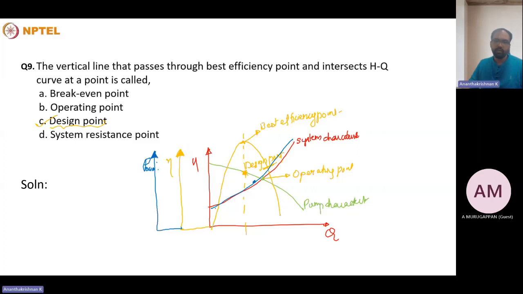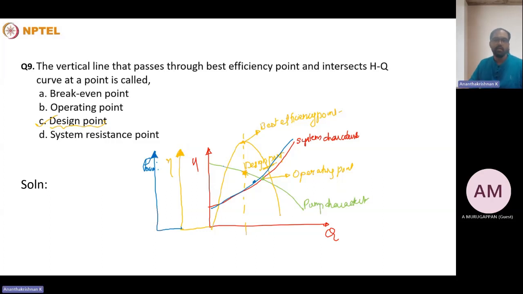That will vary linearly with Q. As we could see, the equation for the power will be rho g Q H. So power varies almost linearly with respect to the discharge.